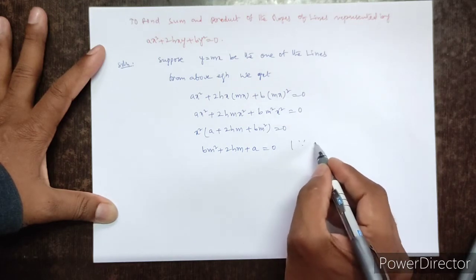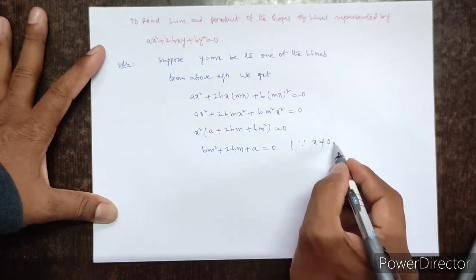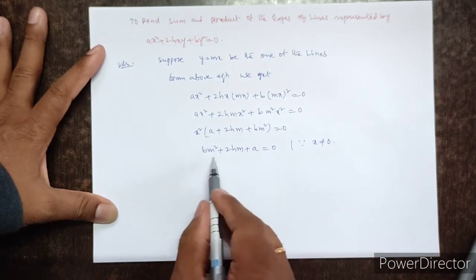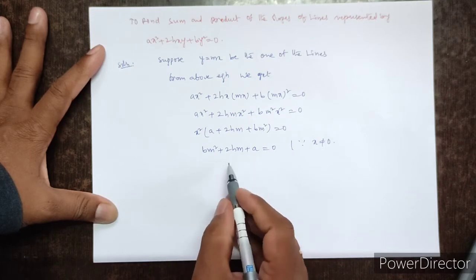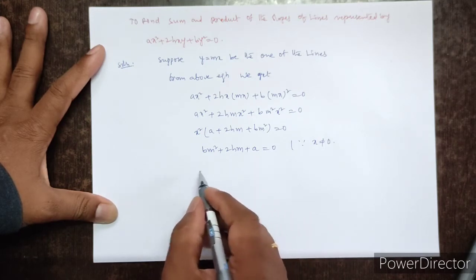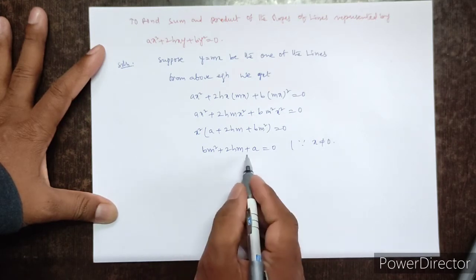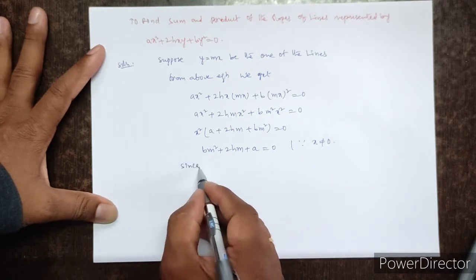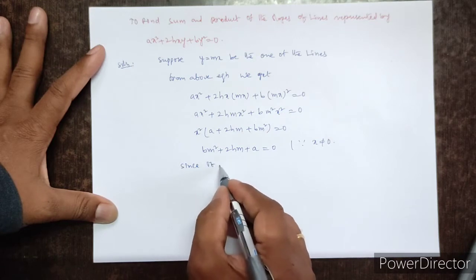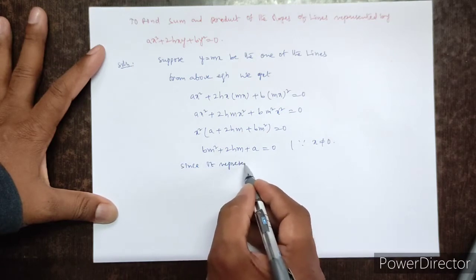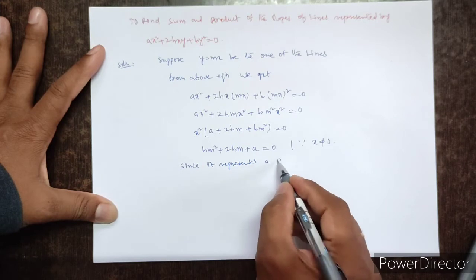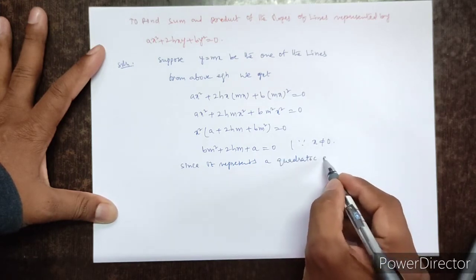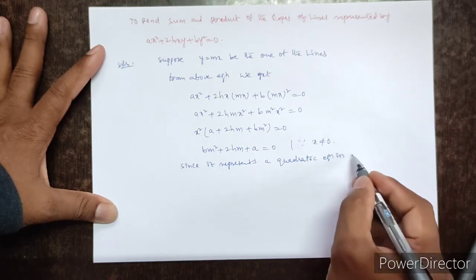So this bm square plus 2hm plus a equal to 0 represents what? A quadratic equation in m.